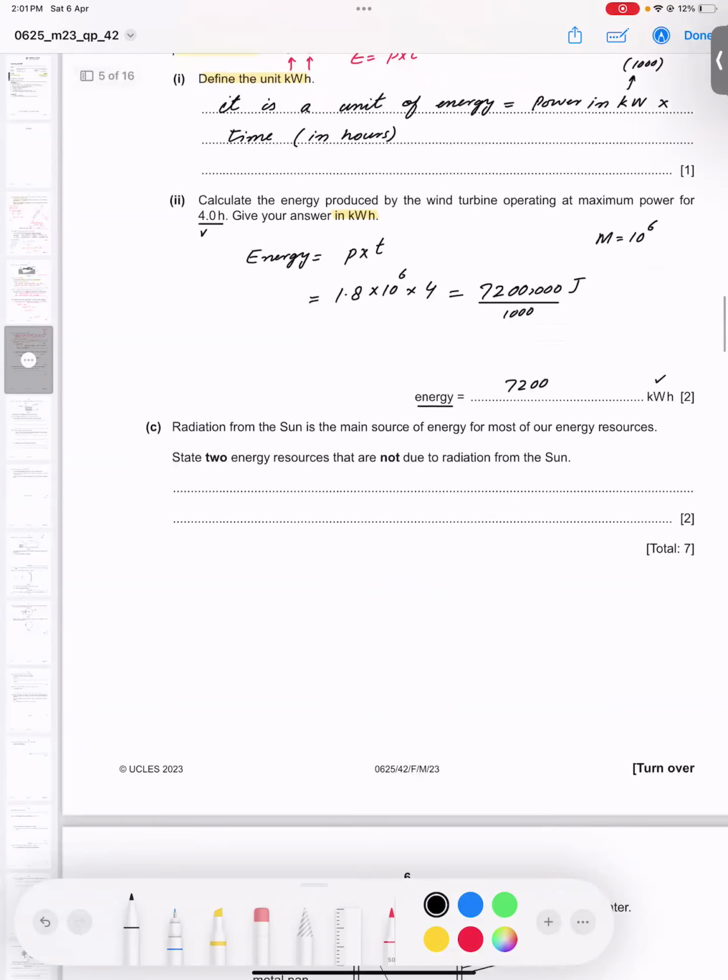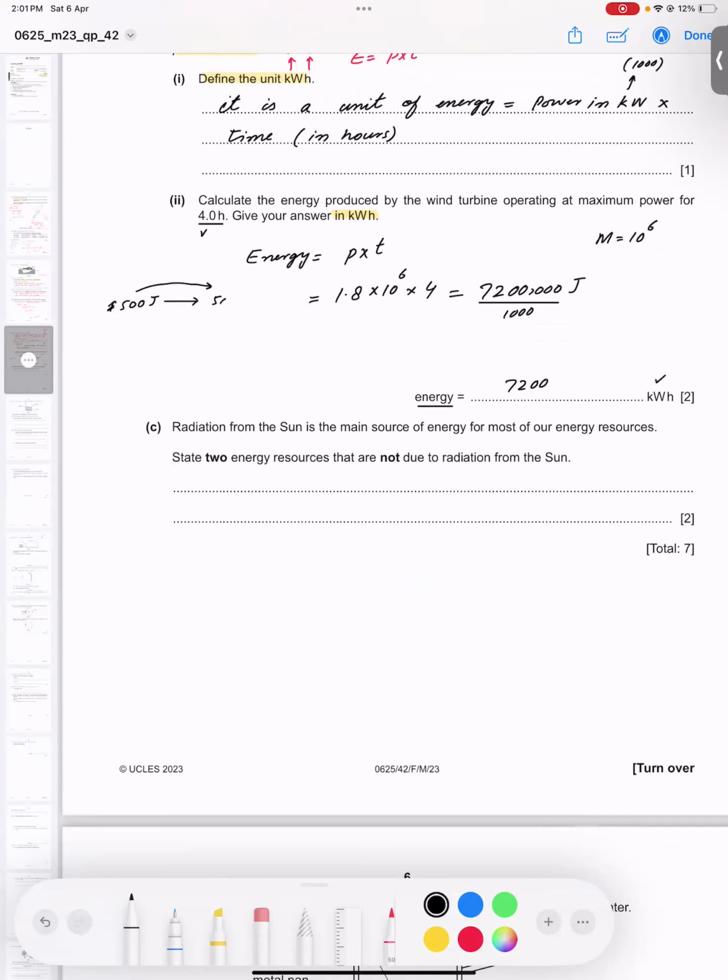Because you know well, when prefixes are used, for example, if energy is given as 5000 joule and you want to convert it into kilojoule, then you have to divide. When you go from a smaller unit to a bigger unit, you have to divide.